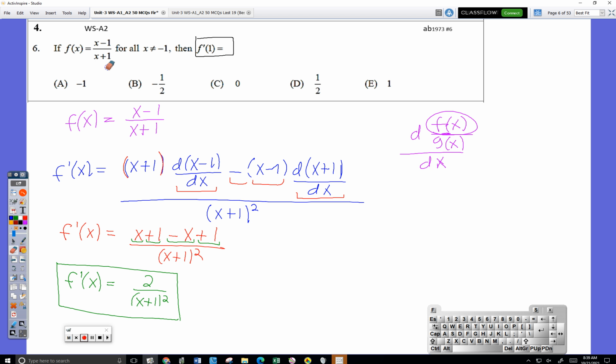Then it says don't let x equal -1, and that makes sense because if x is -1, I have 0 on the bottom, which means I don't have anything. So skip that. It says f prime of 1. That means what I have to start with is I've got to go find the formula for f prime, which means I've got to use the green derivative shortcuts to find the formula for f prime. So I did. Once I have the formula for f prime, I'm simply supposed to plug in an x value of 1.